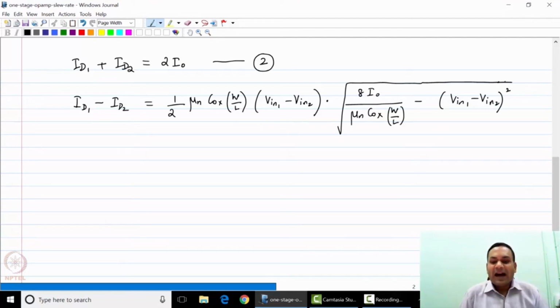So clearly ID1 minus ID2 is an odd function of V in 1 minus V in 2.